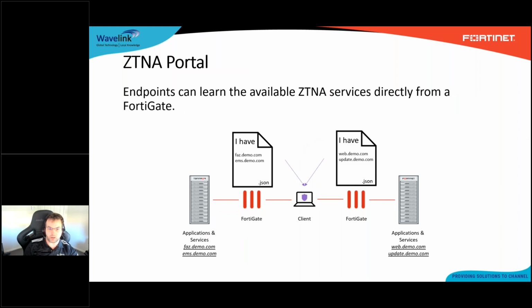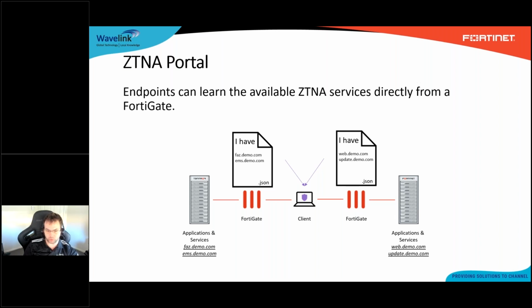Now we can also use ZTNA Portal. So this is new in version 7.2 on the FortiGate. And what it allows it to do is automatically grab the ZTNA destinations from the FortiGates that the client is connected to. Now, this is done using the SSL VPN settings, and it basically just gives a JSON file to the client, and then the client can add that to its configurations.